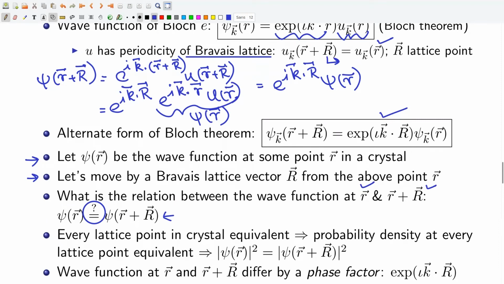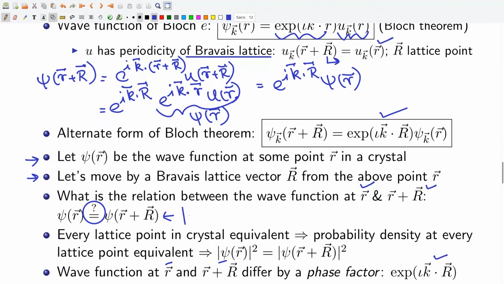Clearly, that is not the case, because the wave function at r and small r plus capital R differ by a phase factor of e power i k dot R. Thus, the wave function does not have the periodicity of the Bravais lattice.